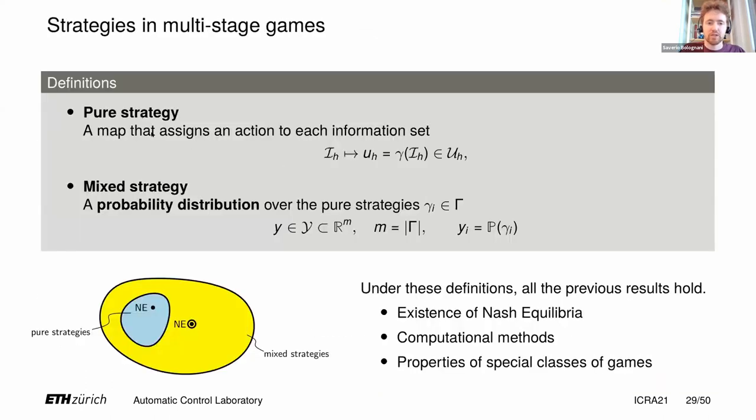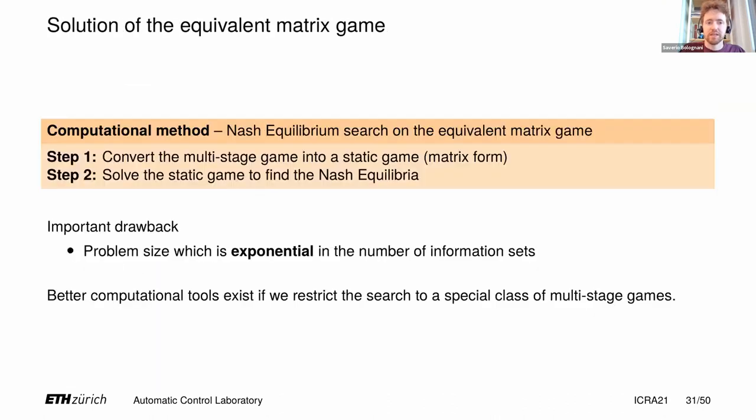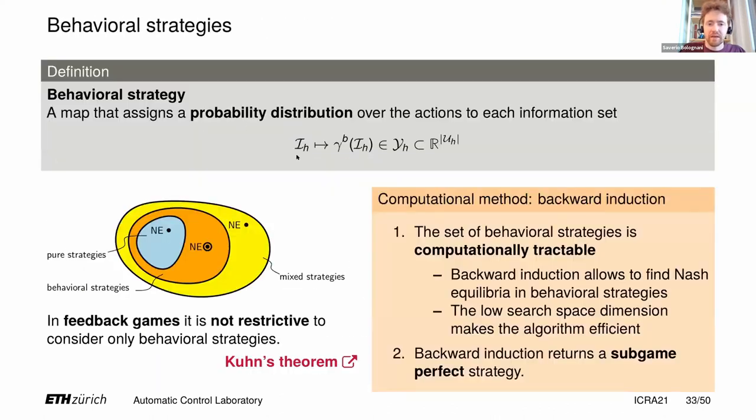In a pure strategy, you have a map from information sets to actions. In a mixed strategy, you mix the pure strategies. In behavioral strategies, you have a map, as in pure strategies, from information sets to a small vector where you randomize over the actions available at that information set. They are not the same thing as mixed strategies.